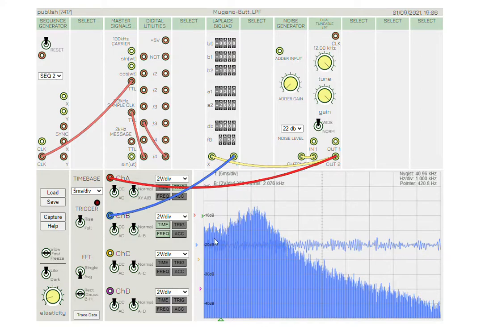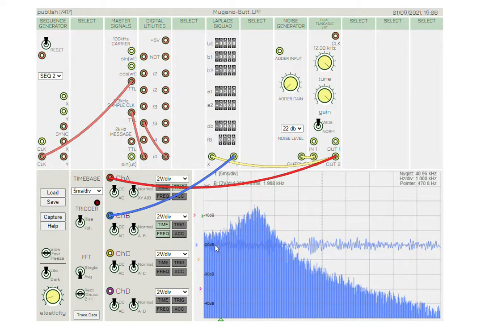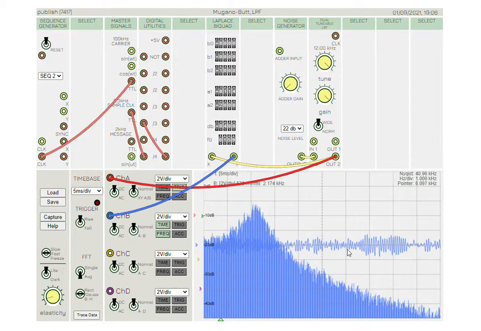So now we're moving the poles very close to the axis, becoming very peaky. Let's reduce it even more. What will happen? We're starting to get oscillation.